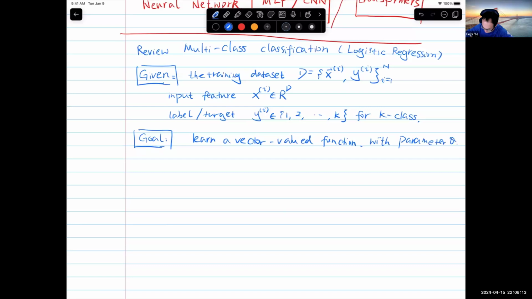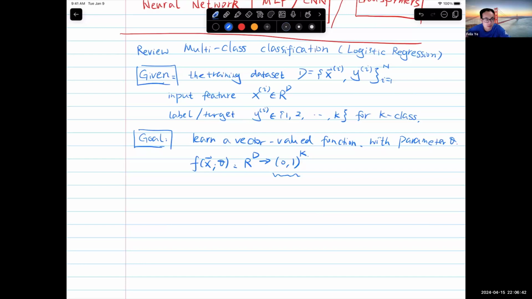So basically f(x; theta) maps R^D to [0, 1]^K. I'm trying to learn this vector-valued function. You can think about this as the probability mass function, which means it's the probability.